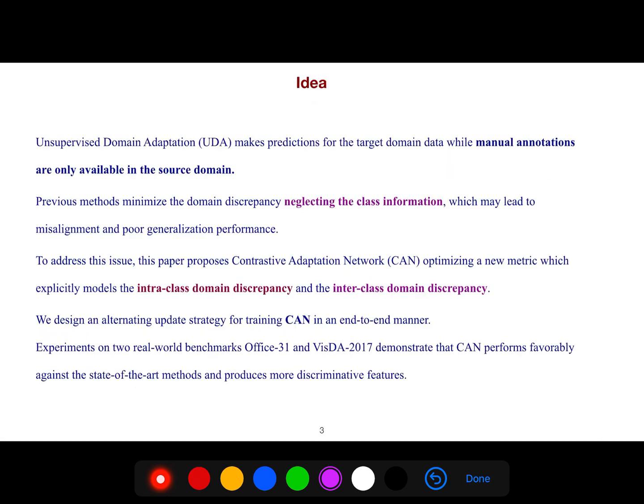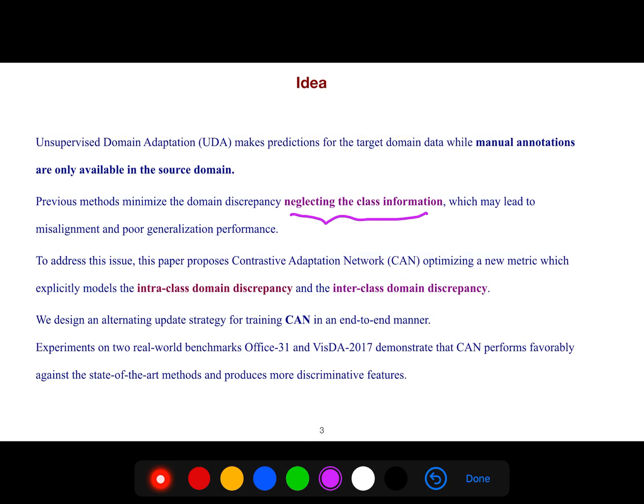So unsupervised domain adaptation makes predictions for a target domain data, while manual annotations are only available in the source domain. Previous methods minimize domain discrepancy, neglecting the class information, which may lead to misalignment and poor generalization performance. Of course, this was the motivation of the previous video that you saw, the same motivation.